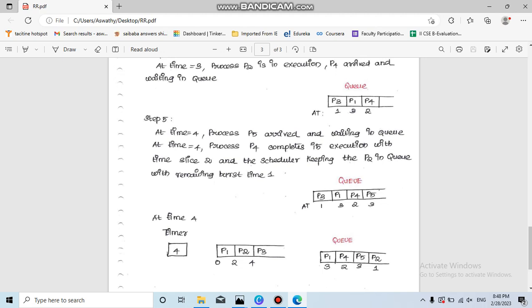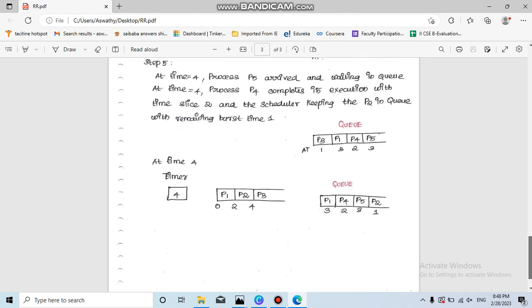Since it is allocated 2 time quantum, it runs for 2 plus 2, that is 4, and the remaining 1 burst time is pending with P2.